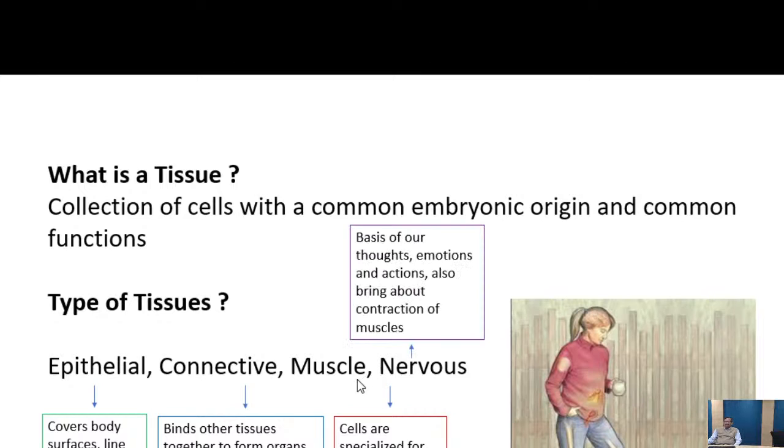And when we look at the nervous tissue, it is the basis of our thoughts, whatever we think, our emotions, and our actions, which also bring about contraction of muscle, because the muscles cannot contract by themselves. They have to be innervated by nerves, told by the nerves that this is the time to contract. And so muscle and nervous tissue have a very close interaction among themselves.